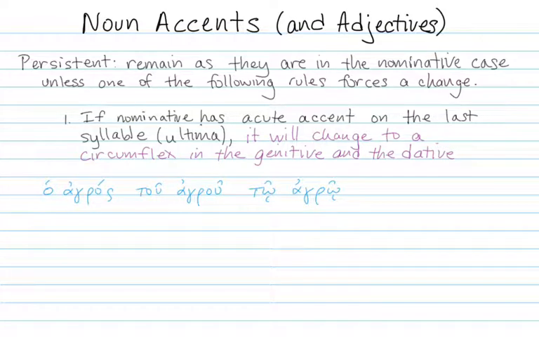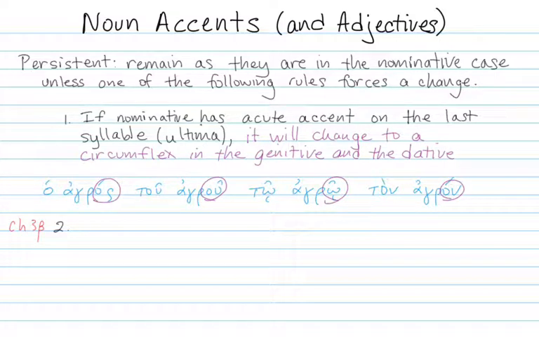And the dative tô agrô, the acute has also changed to a circumflex, because those last syllables are long. But in ton agron, the last syllable is short, which means the accent remains acute, just as you saw in the nominative case. So, ho agros, ton agron, but tou agrou and tô agrô.